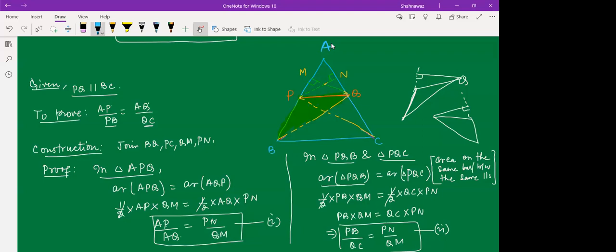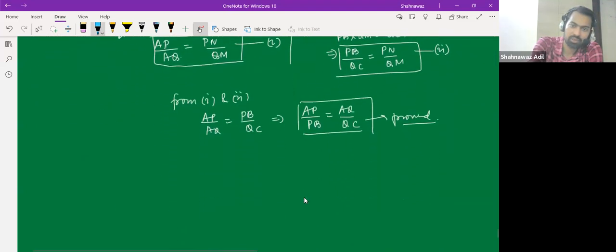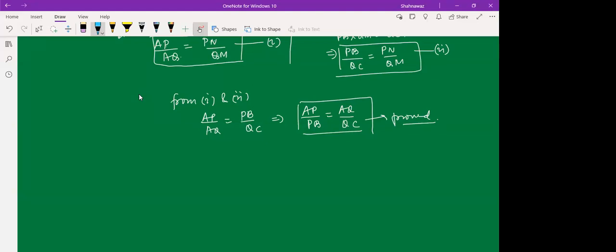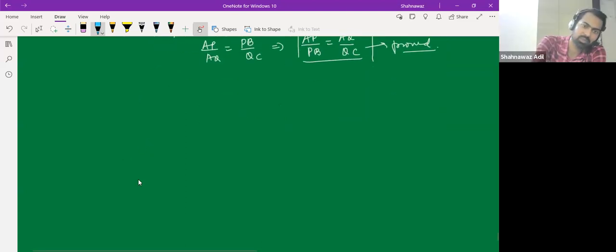Done, sir. Okay. Please note this part also. Done, sir. This is also okay. So this is 6.1 theorem.